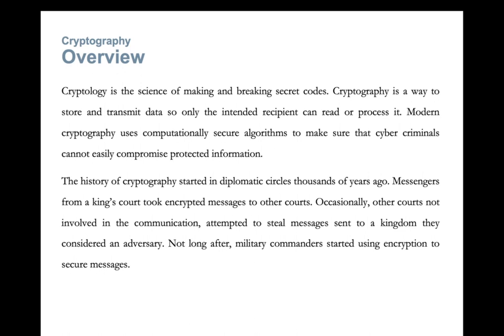He converted plain text into ciphertext using this key, and only his generals, who also had the key, knew how to decrypt that message. This method is the Caesar cipher.